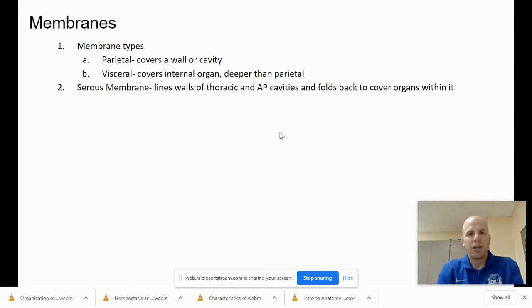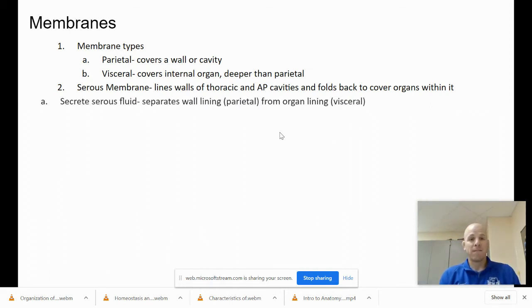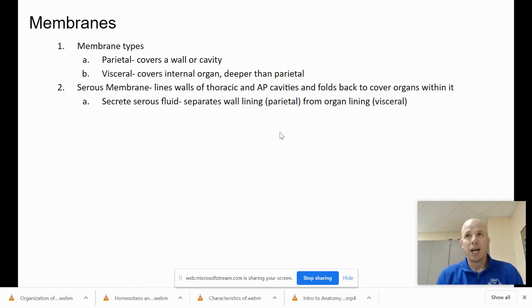Remember, the thoracic cavity is your chest, rib cage; the abdominopelvic cavity would be around your pelvis and your abdomen. They secrete serous fluid, which, like I said before, provides some lubrication and protection around the organs and the linings of each cavity.